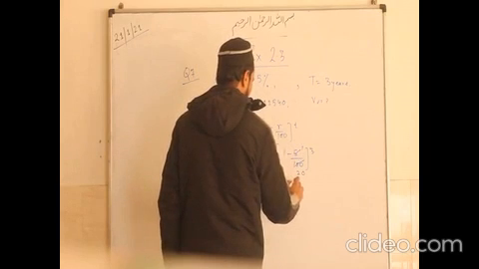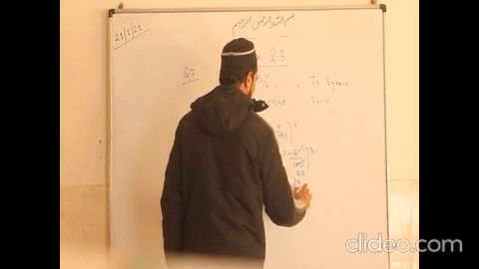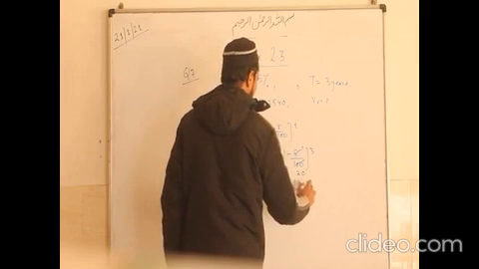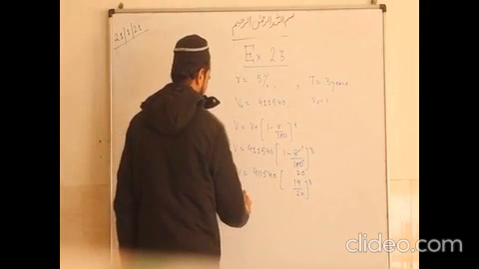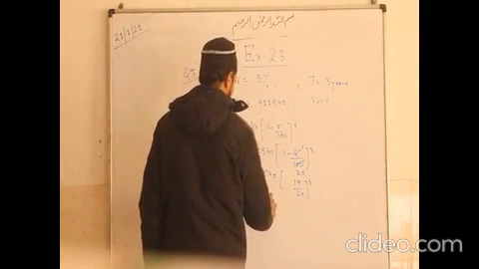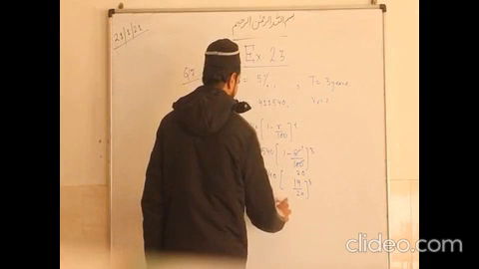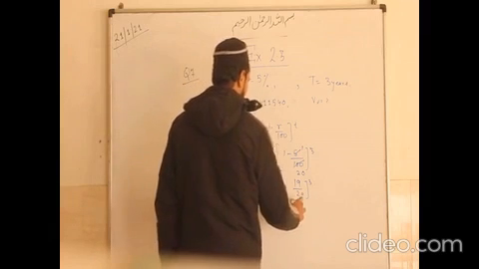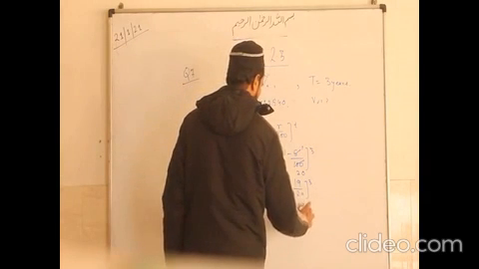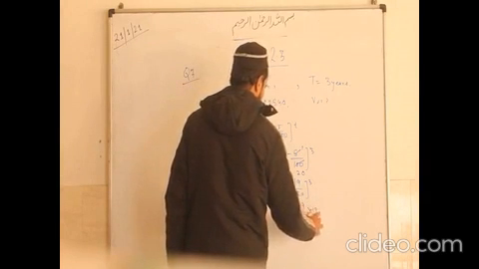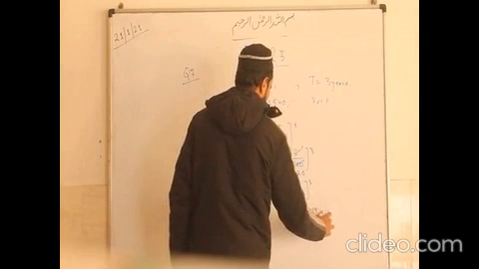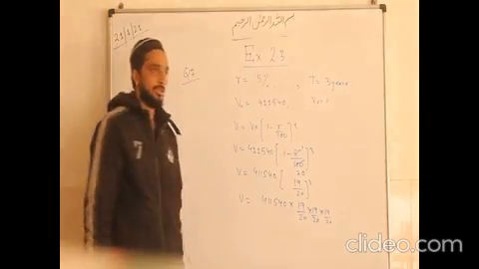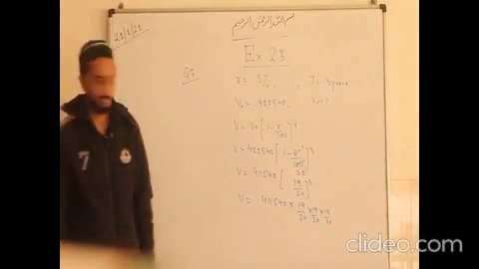It will be 19 by 20, and this is the cube of this. Okay, so by this we can solve this.